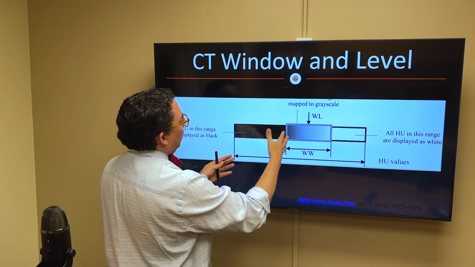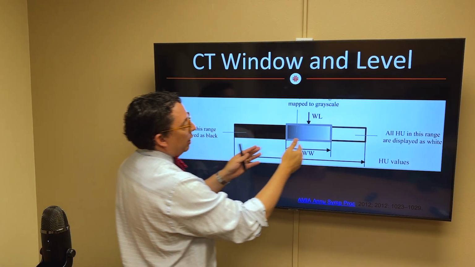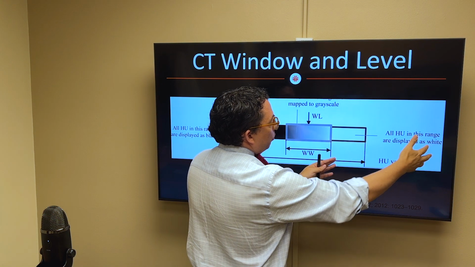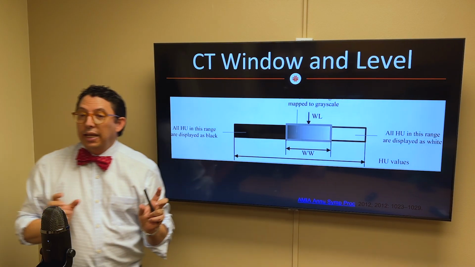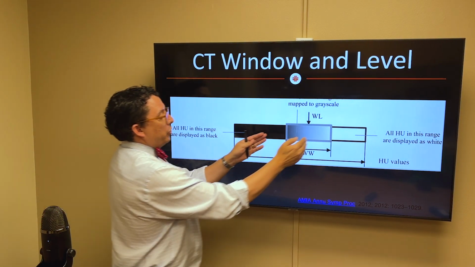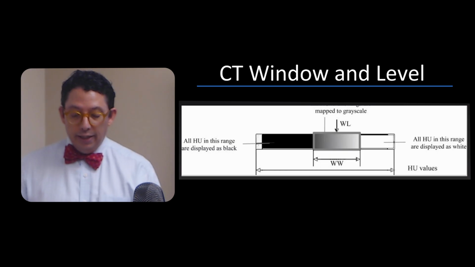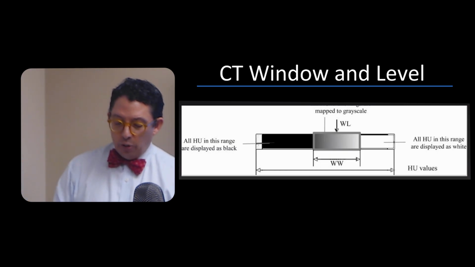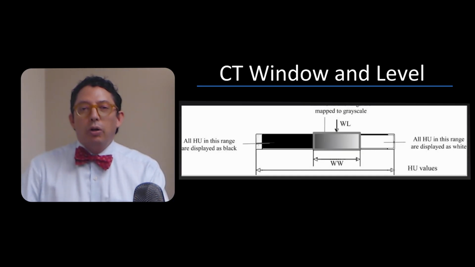Anything that is darker than this will all be displayed as black. Anything that is whiter than that will all be displayed as white. So there's a lot of information in the tail ends that can be missed unless you adjust your window and level to see the disease that is within it. And that's what we're going to be discussing today, and that you're going to see in some of the cases that you'll see in the course as we look at disease.